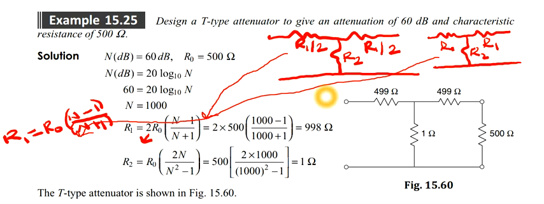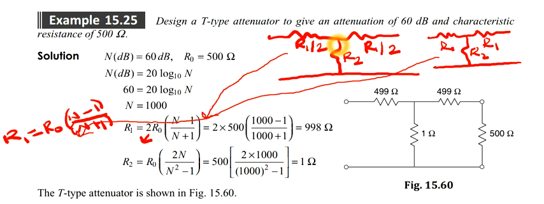This is a very important point here. Without that, you might commit a mistake. Now, this textbook has considered R1 by 2, R1 by 2. So the formula is R1 is equal to 2 into R0 into n minus 1 by n plus 1.